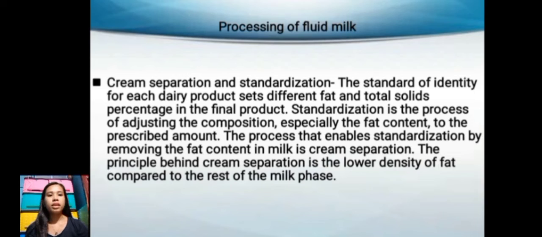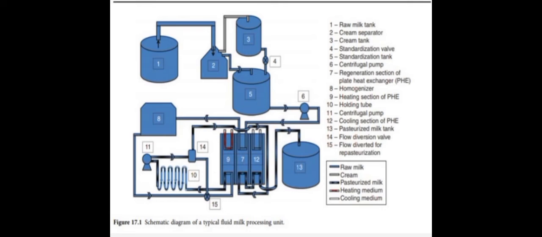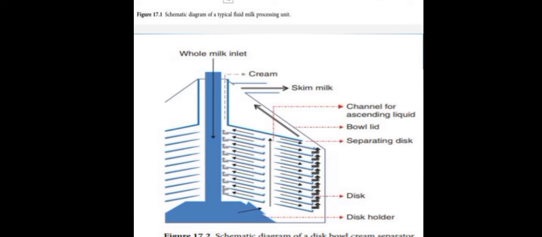The process that enables standardization by removing the fat content in milk is cream separation. The principle behind cream separation is the lower density of fat compared to the rest of the milk. This is the tank that they use to process the milk.